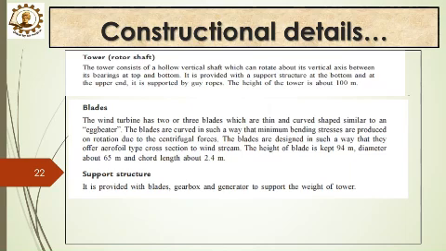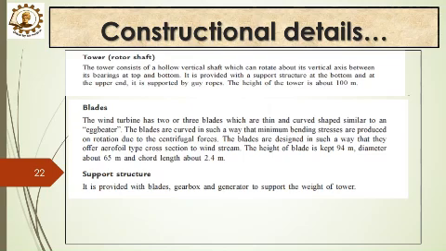The blades are curved in such a way that minimum bending stresses are produced on rotation due to the centrifugal forces. The blades are also designed with an aerofoil cross section. The height of the blade is about 94, diameter is 65, and chord length is 2.4. And the support structure is provided with blades, gearbox, and generator to support the weight of the vertical axis wind turbine tower.